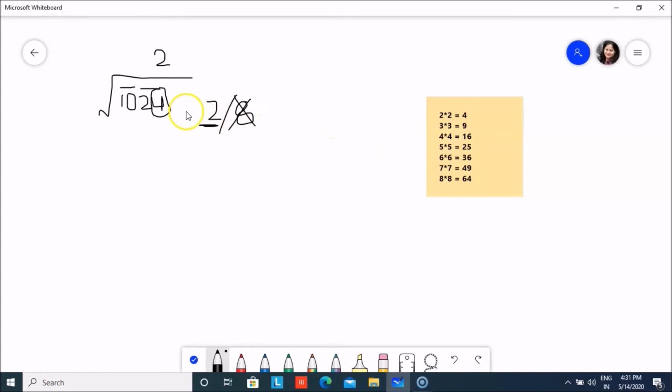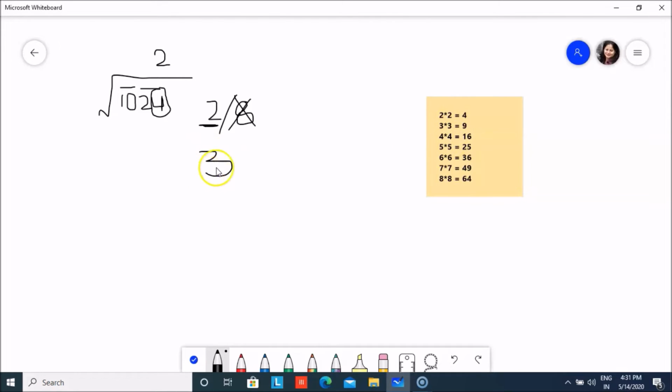Now, as you can see over here, we have 10. So we have to check between which squares or square roots does 10 come. So it comes between 9 and 16. That means we have to multiply 3 into 4. Because 10 is coming between 9 and 16, the numbers that we require in this operation are 3 and 4.